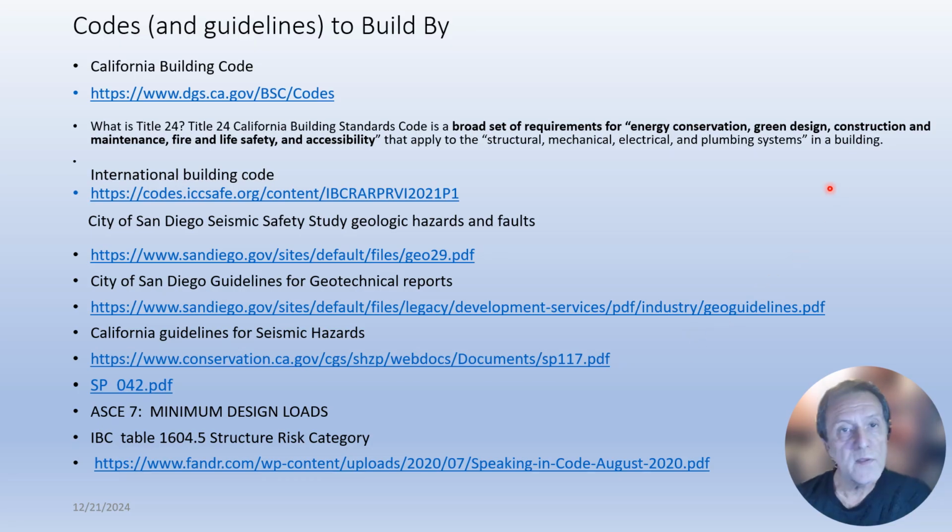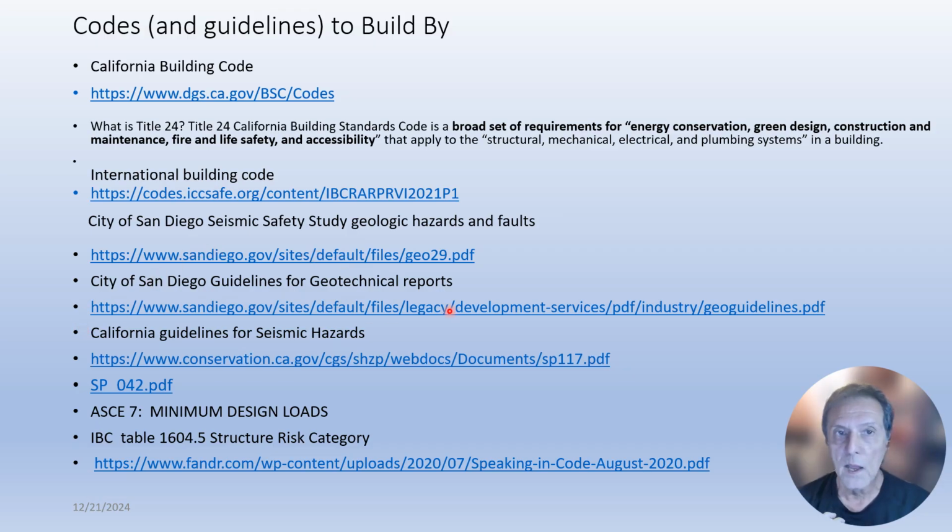Okay, so last slide, just a list of guidelines to build by, all the way from the California Building Code to the International Building Code. City of San Diego has issued a very good and well-documented series of maps which show geologic hazard zones and faults on a fairly detailed basis.